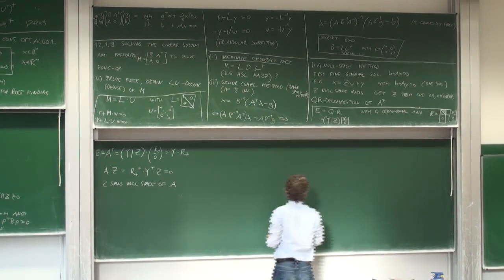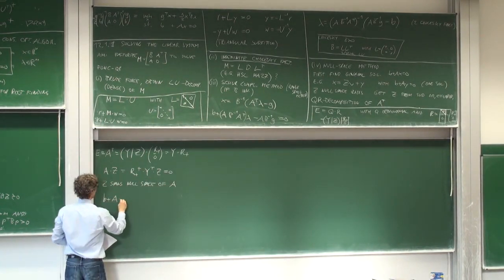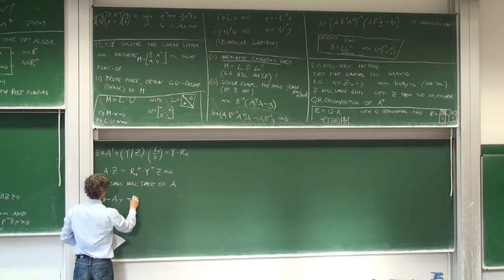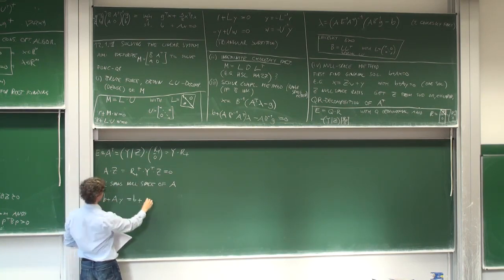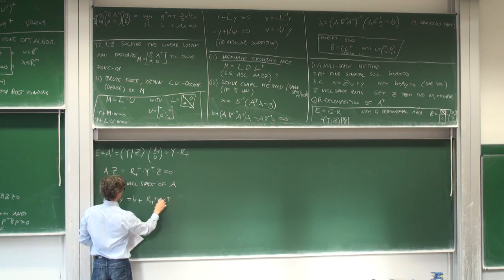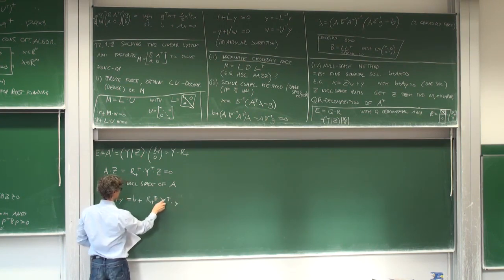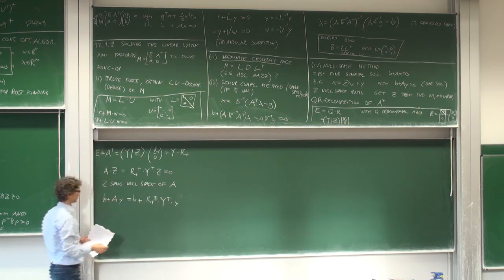So we have B plus AY, and that we can write as B plus A, which will now be R plus transpose Y transpose times Y, and this is a big Y and that's a small y.